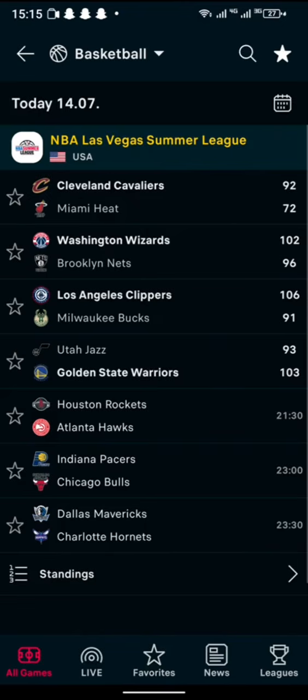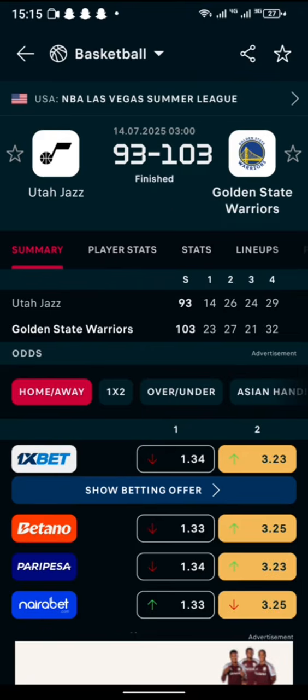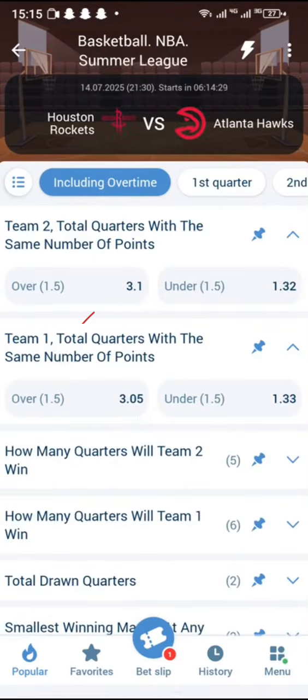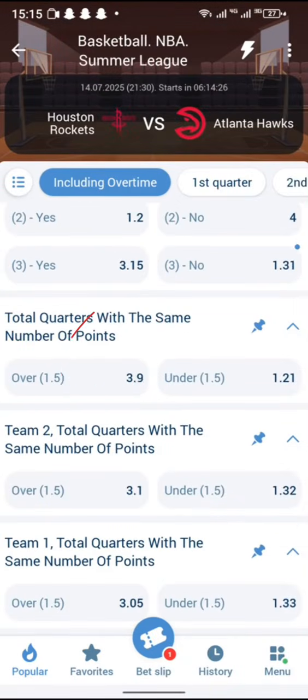Now let's check another one. Now we check, you see that the home team did not have the same number of points and the away team did not have the same number of points. So that is it, and that's the difference between this total quarter with same number of points and the team one and team two total quarter with same number of points. I hope that all I'm explaining, you guys are really understanding, seriously.